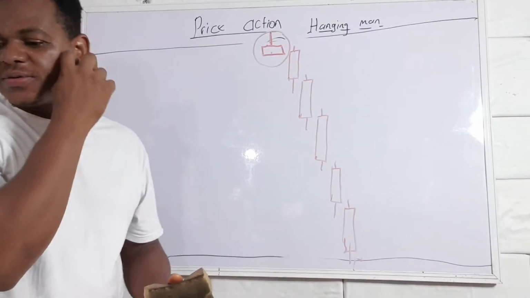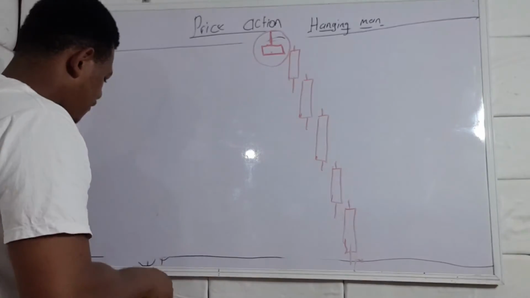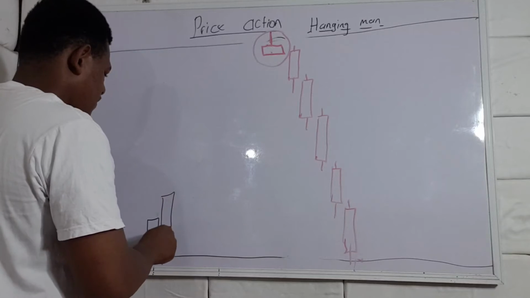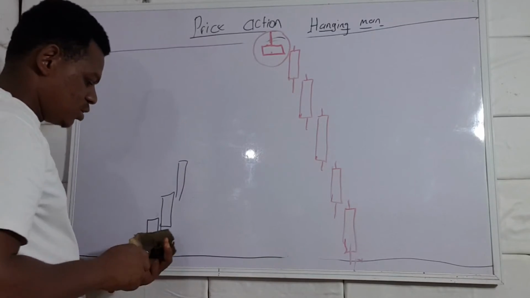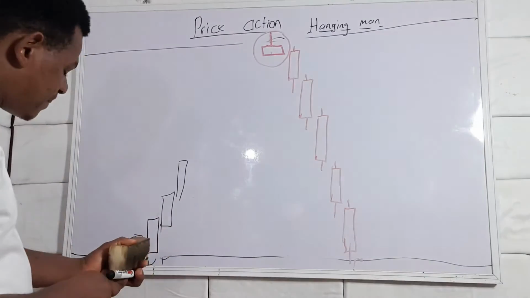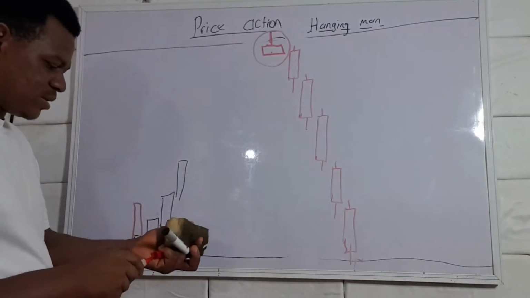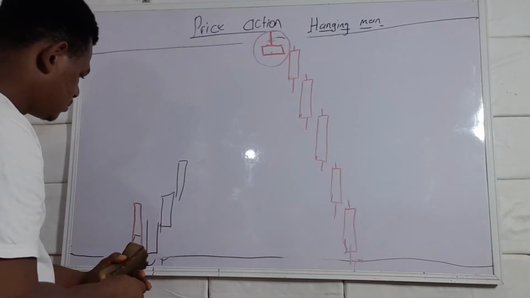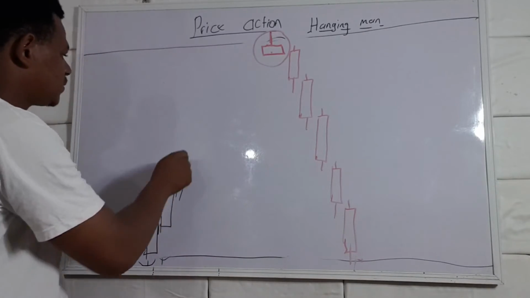Usually the market will move up from here using, let's say, a bullish engulfing pattern to move up, and the next candle engulfed like this.